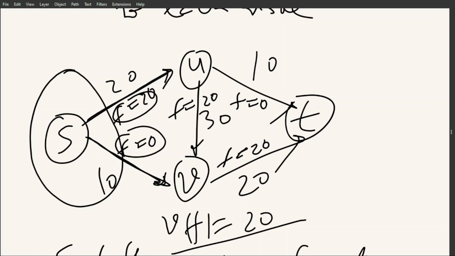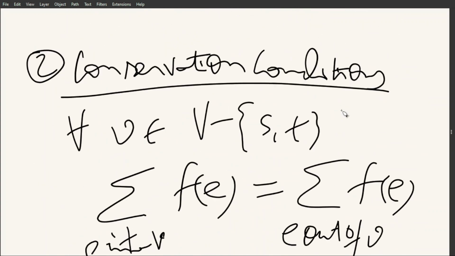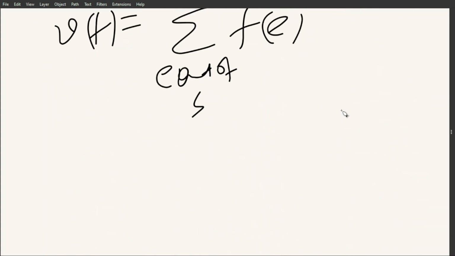Now same way for conservation condition also, we can define flow out and flow in, and they should be the same. So similarly, this was value of the flow, flow out of S. Same way we can generalize this to any other node.